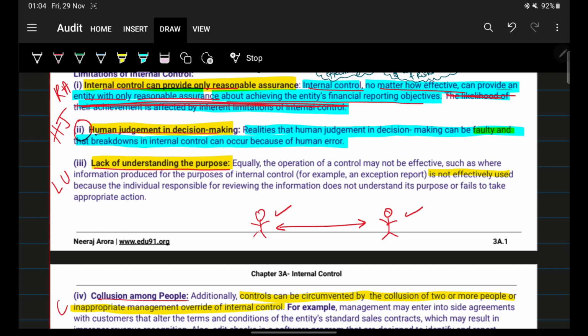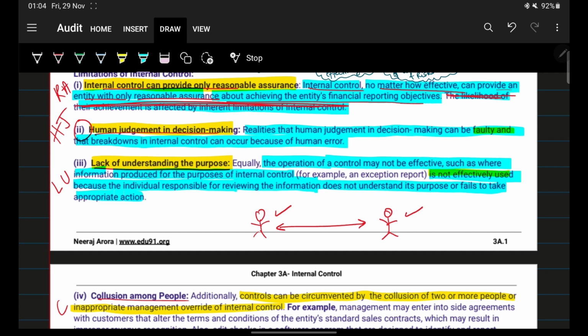The operation of a control may not be effective, such as where information produced for the purpose of internal control is not effectively used because the individual responsible for reviewing the information does not understand its purpose and fails to take appropriate action.